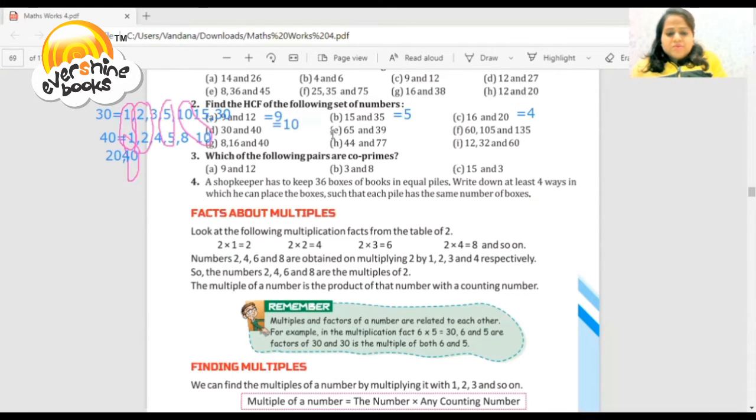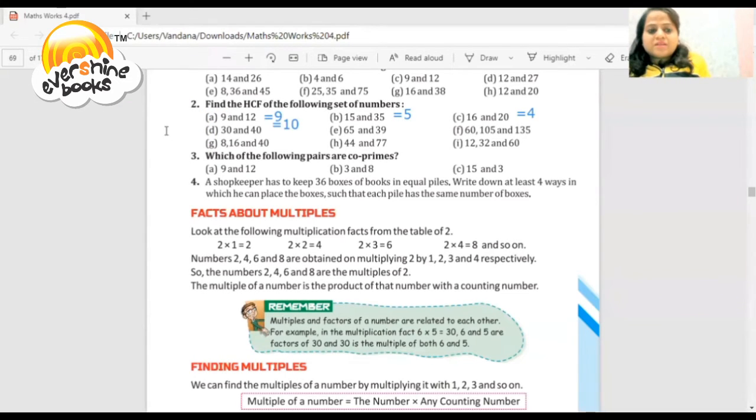Now come to this question, that is 65 and 39. Find out the factors of 65 first and then 39. Just take out the factors of both numbers fast. Come on, tell me. So students, write the factors of 65 here: 1, 5, 13 and the last one is 65.